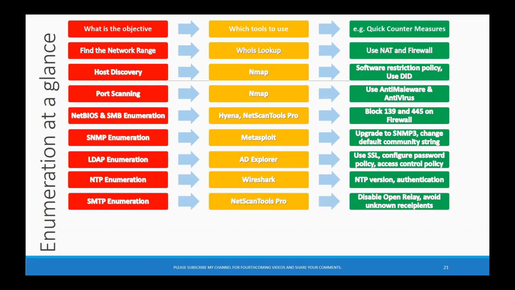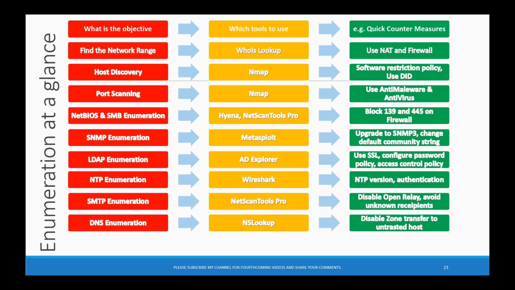Next is SMTP enumeration, Simple Mail Transfer Protocol. Here we can use NetScan Tools Pro. In NetScan Tools Pro, I have already shown you many types of enumeration we can do, like SMB, NetBIOS, SMTP, etc. So disable open relay and avoid unknown recipients; these are the main countermeasures to protect against SMTP enumeration.